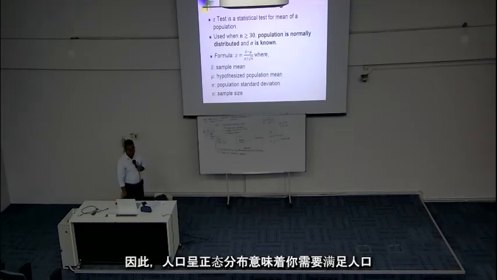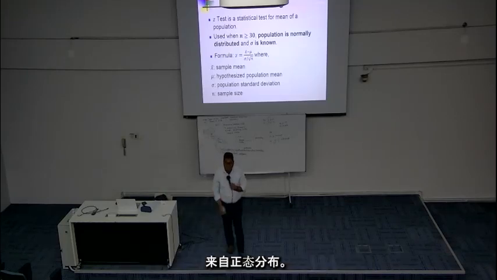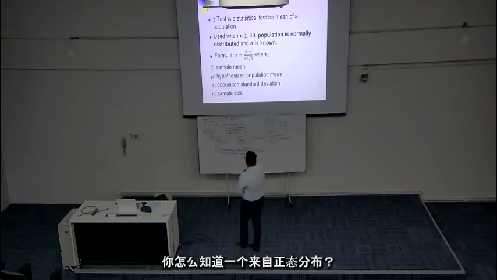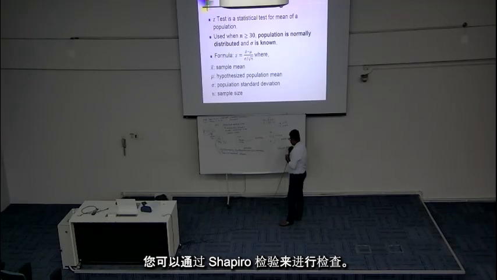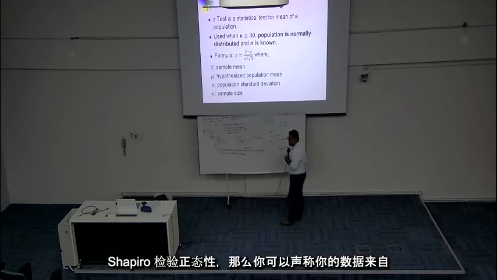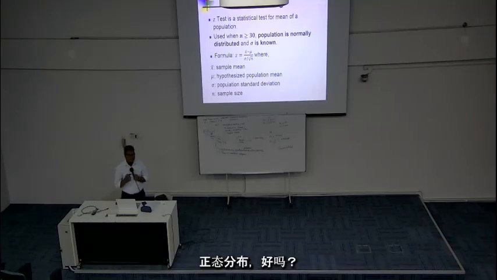Population normally distributed means the population must come from a normal distribution. How do you know that? You can check with the Shapiro-Wilk test for normality. Then you can claim that your data are normally distributed.